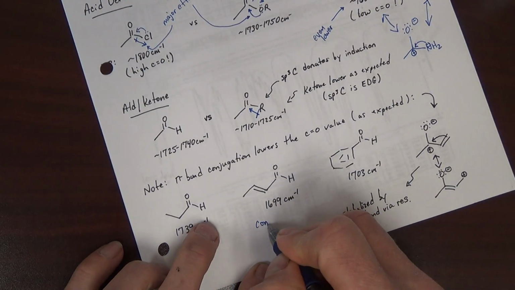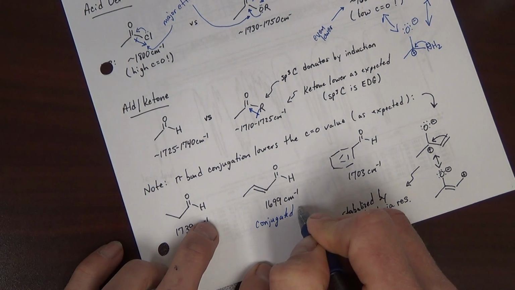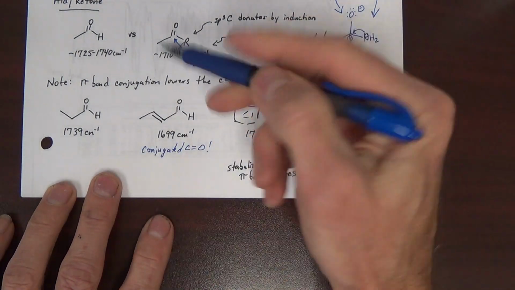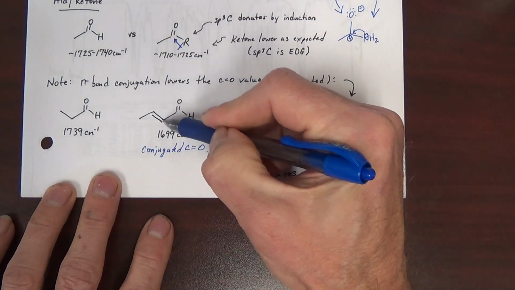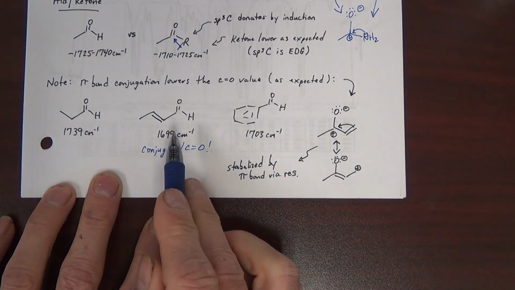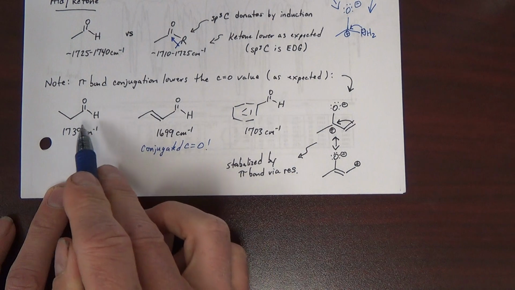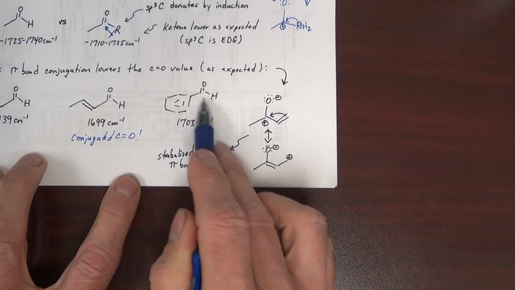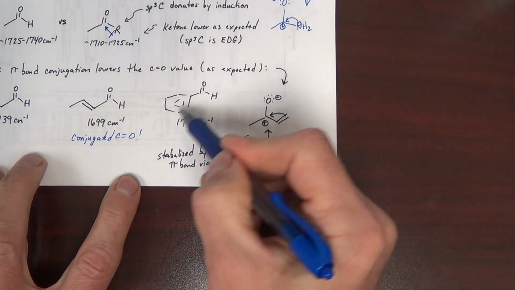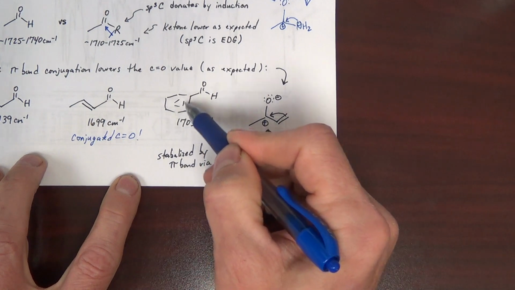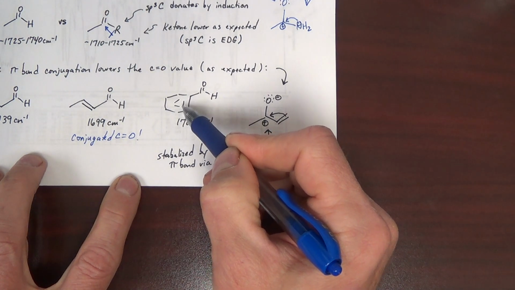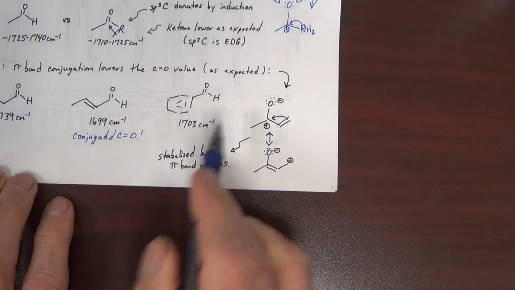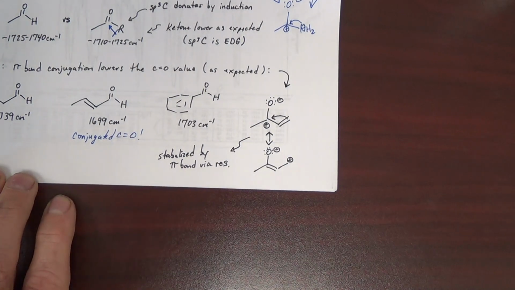Ultimately, we call this a conjugated carbonyl. This pi bond is conjugated with this pi bond. Conjugated carbonyls have lower carbonyl peaks in the IR compared to non-conjugated carbonyls. We also see that with benzaldehyde, because the carbonyl is conjugated with the pi system of the aromatic ring, and that lowers the carbonyl. All right, take home message: conjugation lowers the carbonyl.